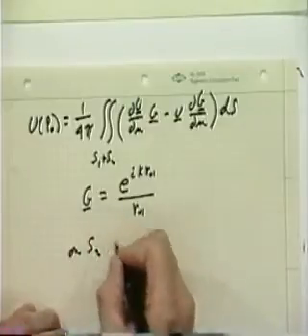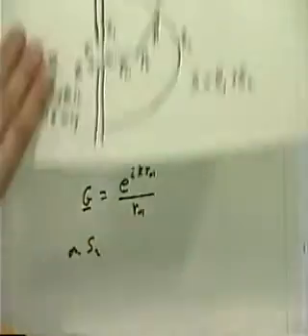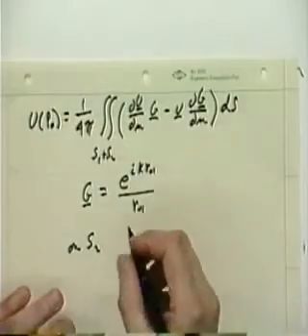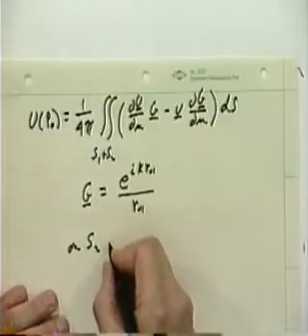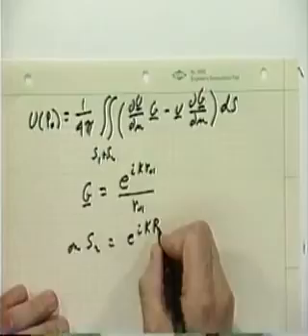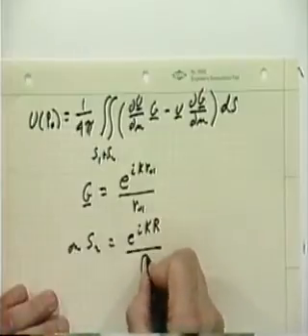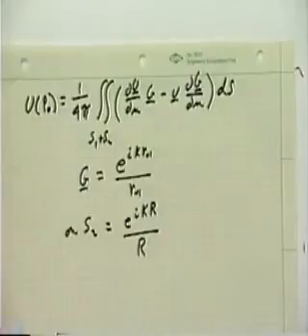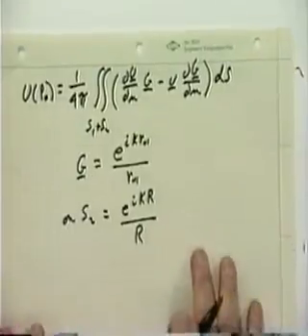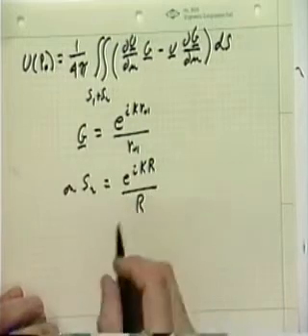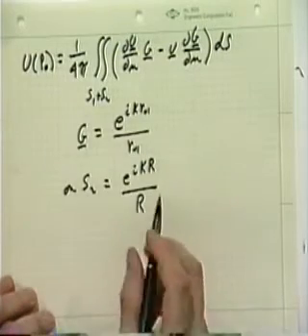On S2, S2 being this portion of the circle here, since it's a nice circle, it's just e to the ikr, the radius of the circle, divided by r. I'm kind of thinking ahead, maybe you can guess what's going to happen to r, but we'll worry about that later. Not much later, but a little bit later.